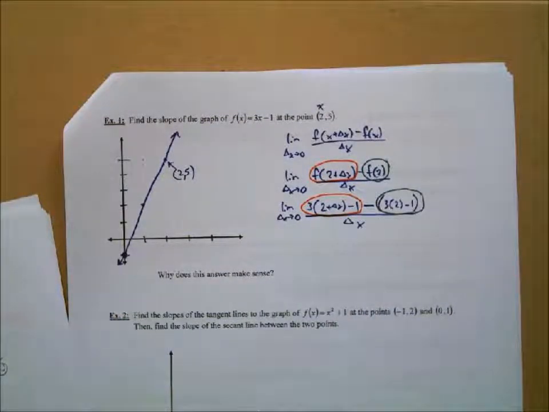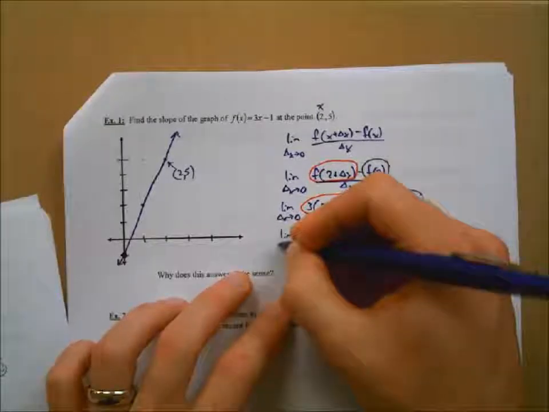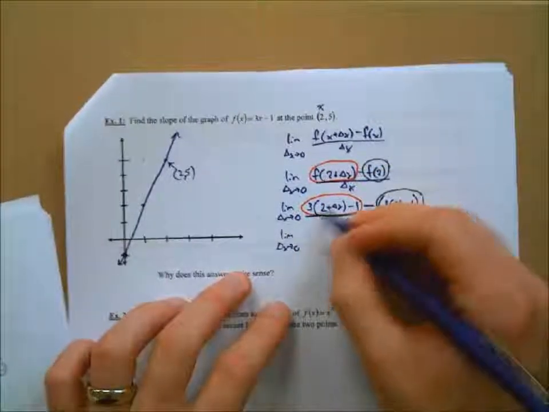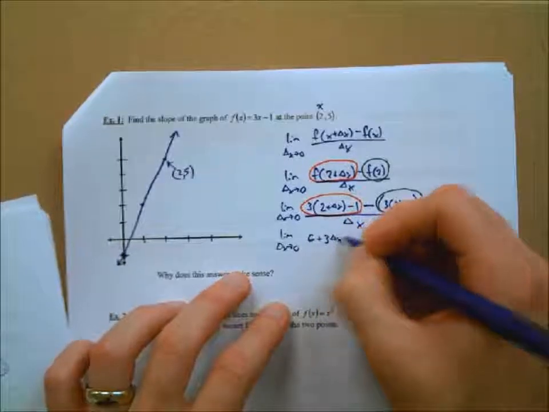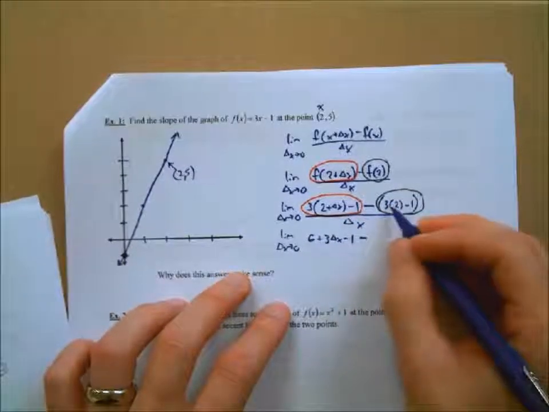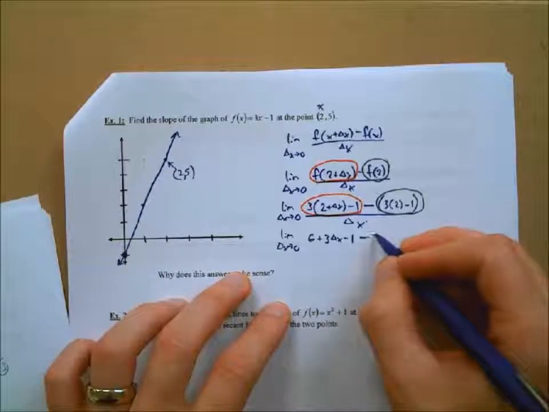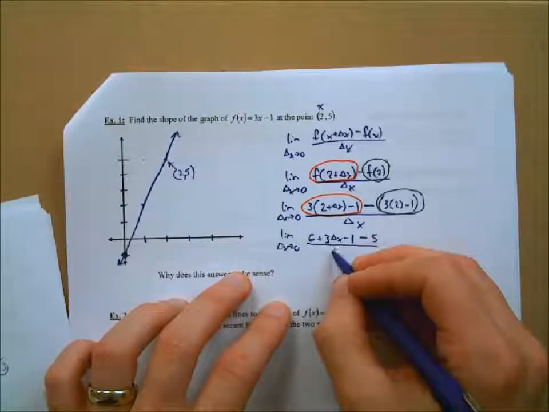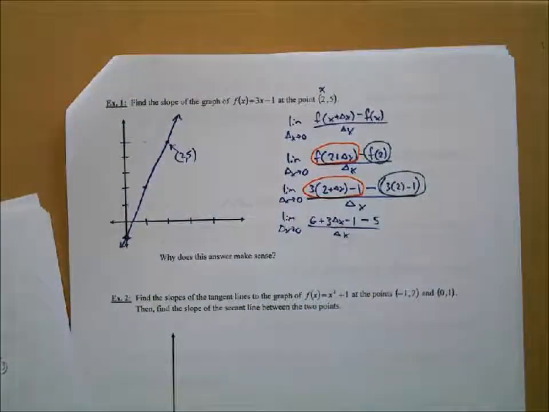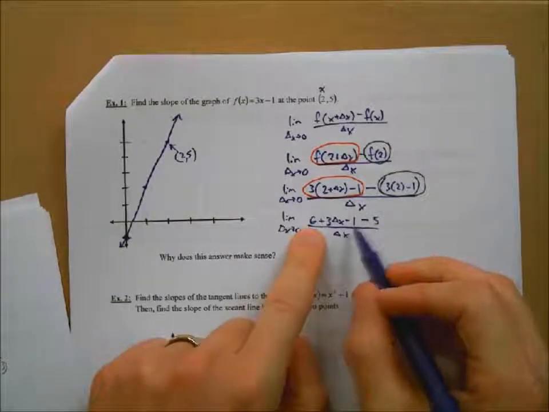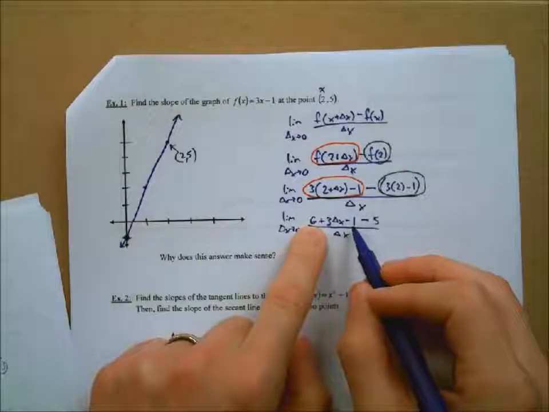And now we simplify. So let's see here. It'll be 6 plus 3 delta x minus 1 minus, and that's going to be, let's see, 6 minus 1 is 5, so minus 5. And then what cancels here? What can we get rid of, or what can we do in the numerator there? Yeah, so 6 minus 1, 5. Minus 5, 0.